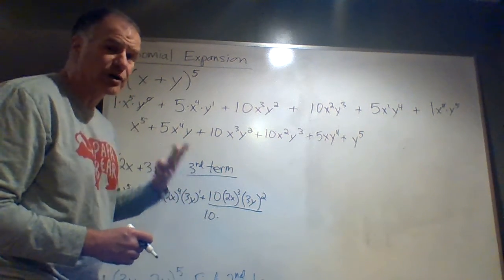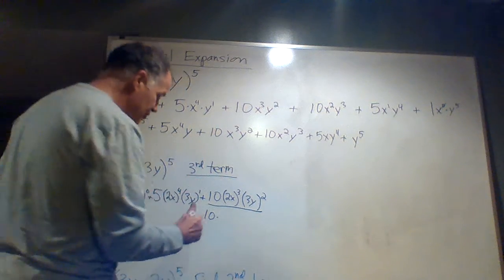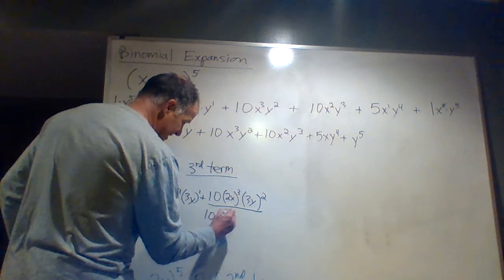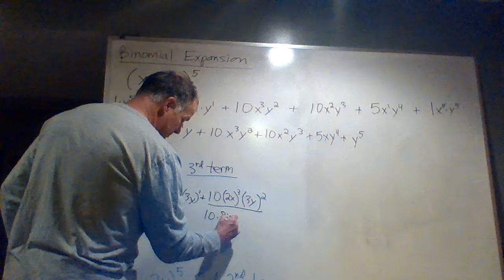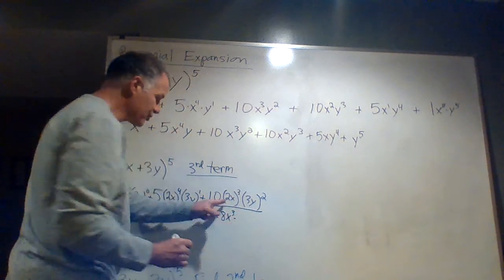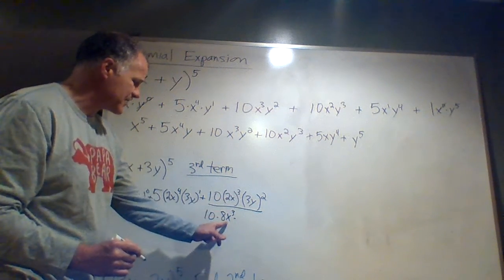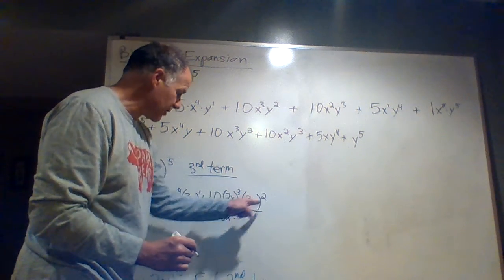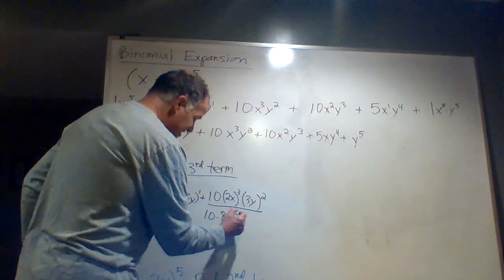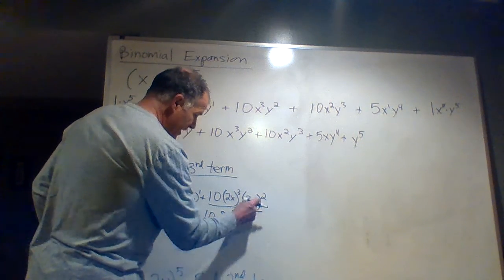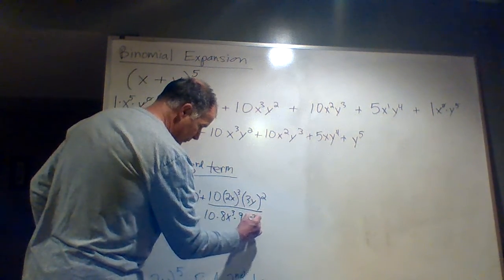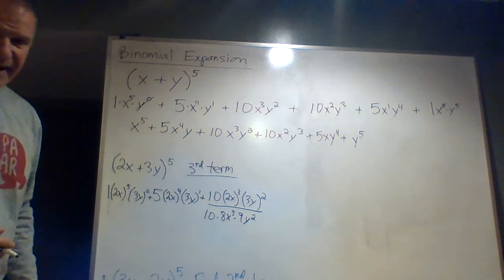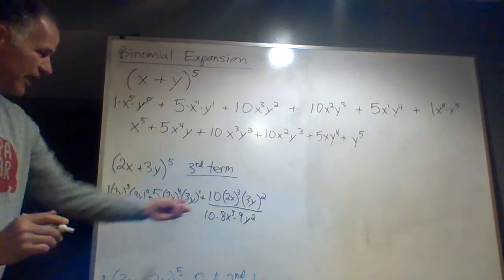2 times 2 is 4. 4 times another 2, that's actually 8. And then x gets the 3 put on it. So 2x to the 3rd power becomes 8x cubed. 3y squared: 3 squared is 9, and then y squared. Okay? Now all I need to do is simplify this.